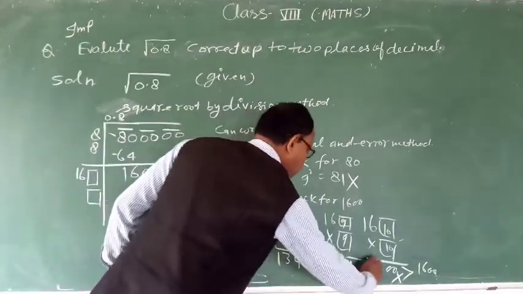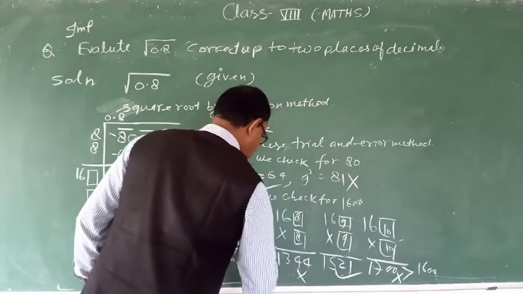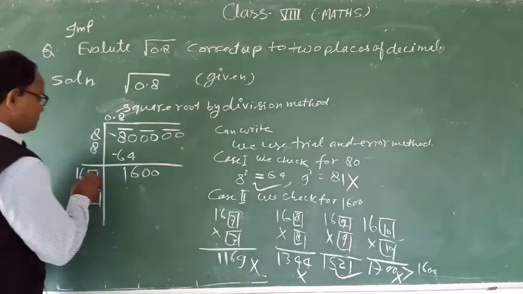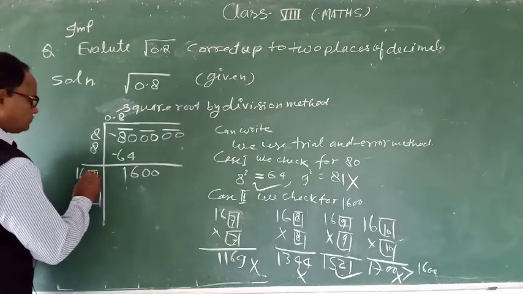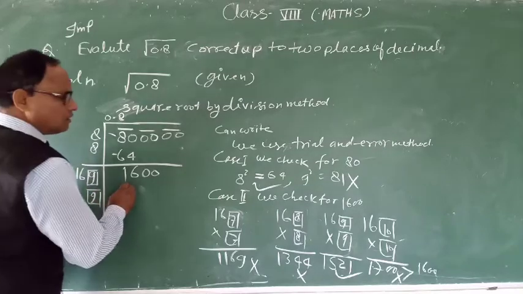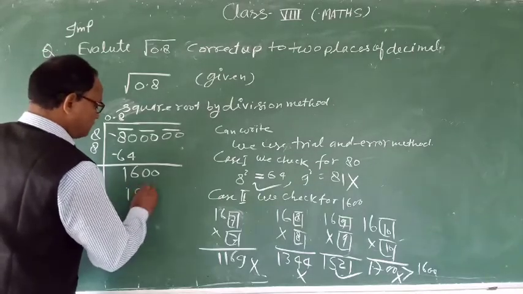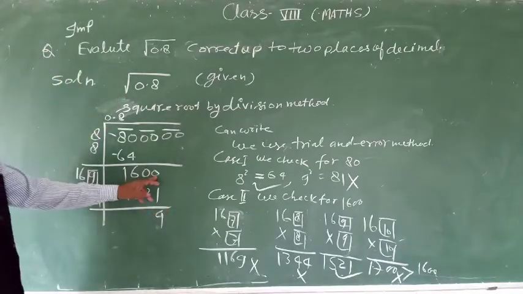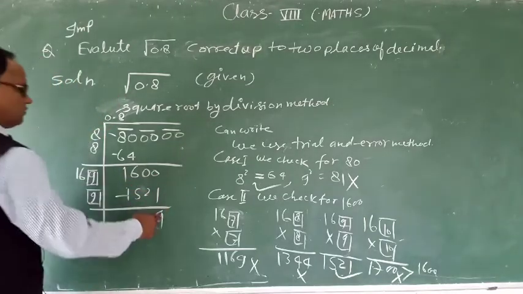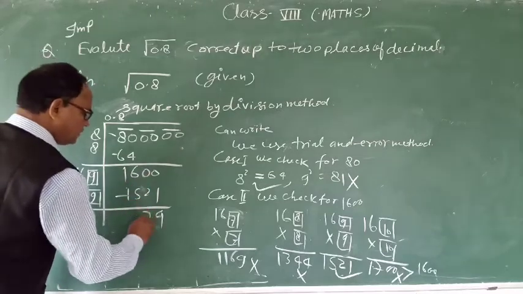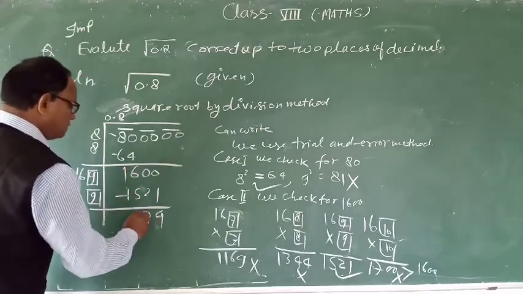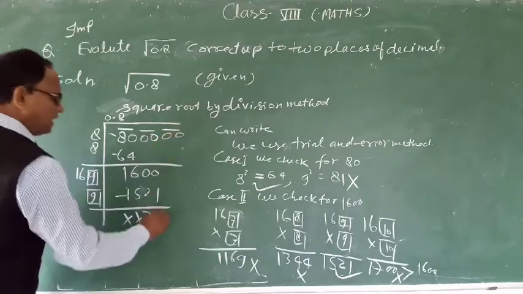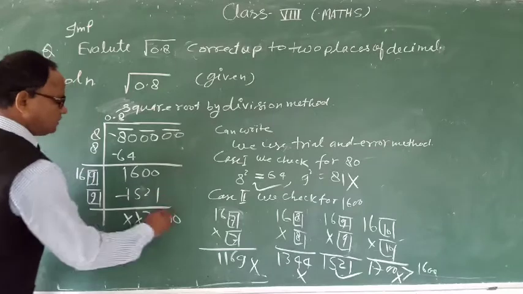But this number is suitable and this number is not suitable. Then we write here 9. Here we get 1521. 10 minus 1 is 9, 9 minus 2 is 7, and here all are cancelled. And we write 00 from this.